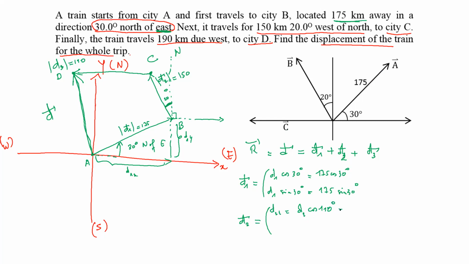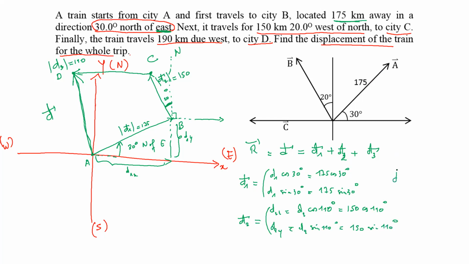So it will be D2, what is the magnitude of D2? 150 cosine 110. And you see the cosine of 110, because 110 is bigger than 90 degrees, is negative. You see this D2 has a negative x component. And D2y will be just D2 sine 110, which is 150 sine 110 degrees.